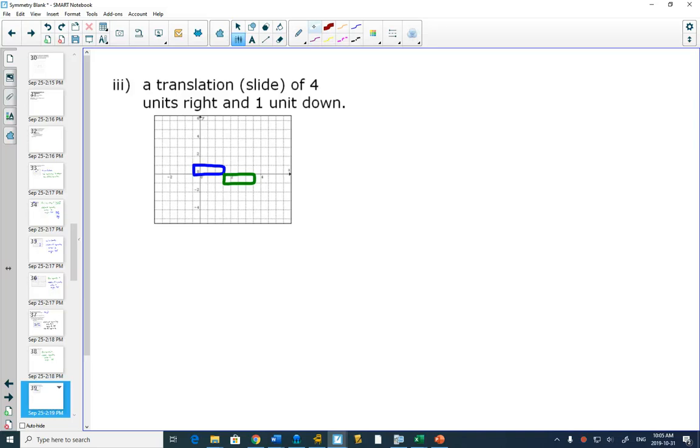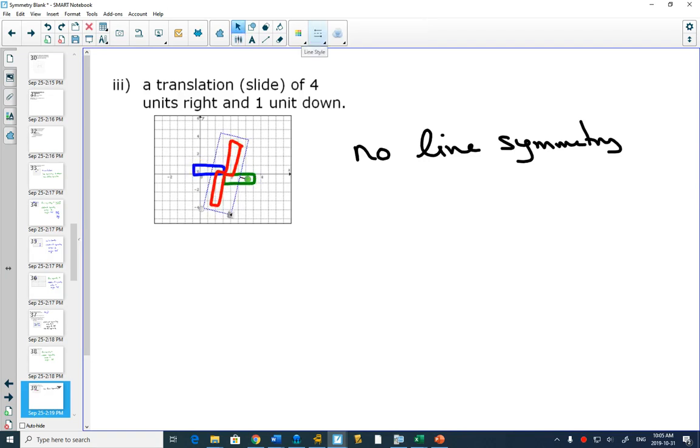If you would check it with your mirror, it doesn't actually work out. There is no line symmetry. But if you traced out this whole shape and did rotation symmetry, it matches up once there and once there again.